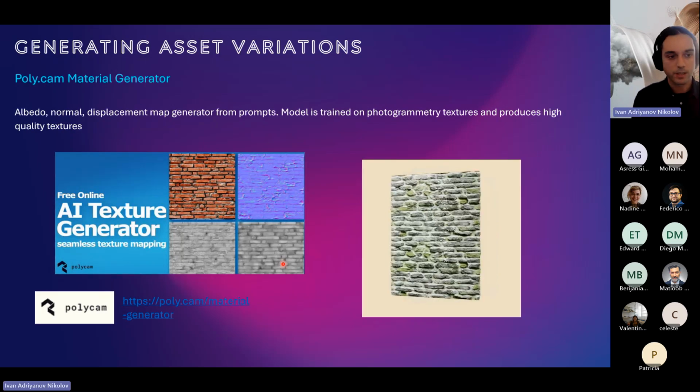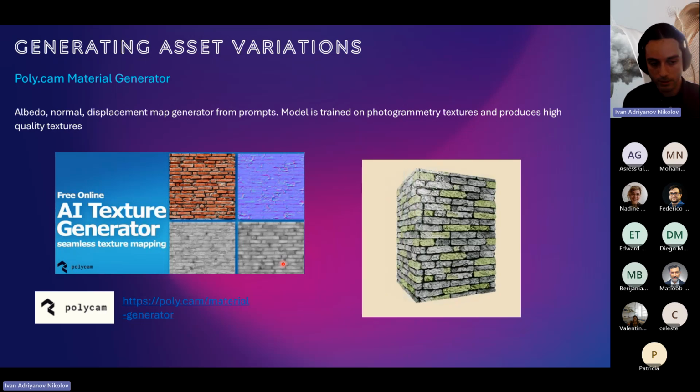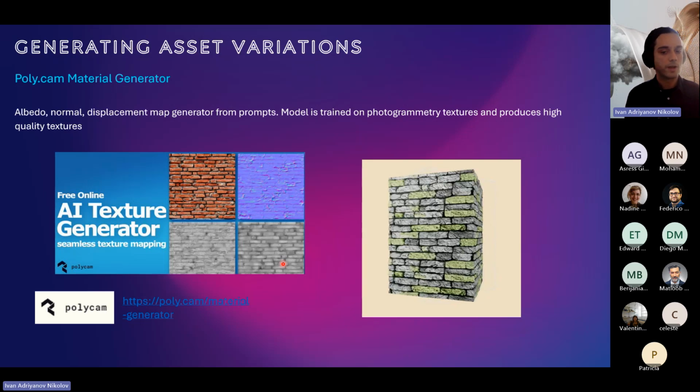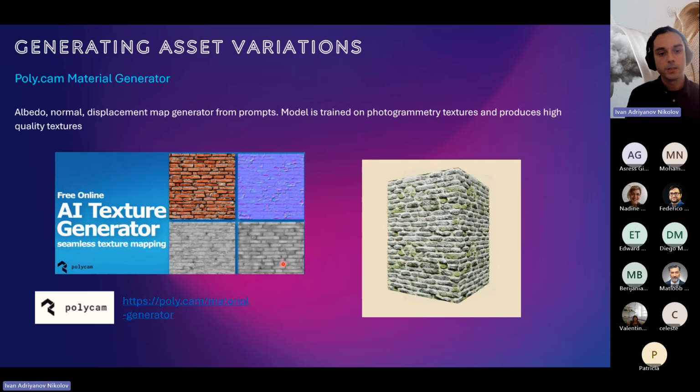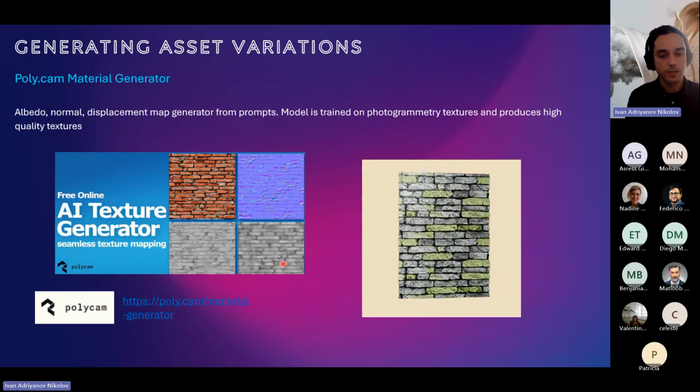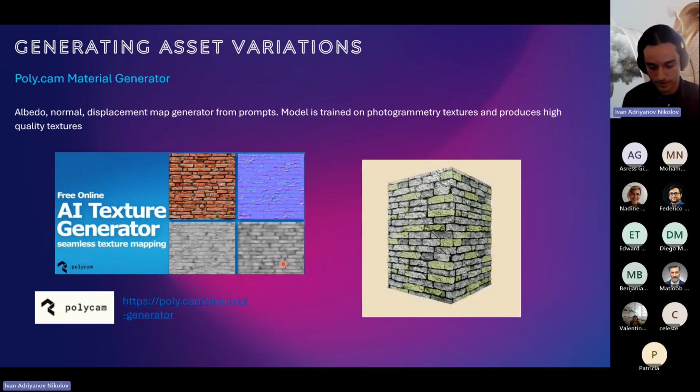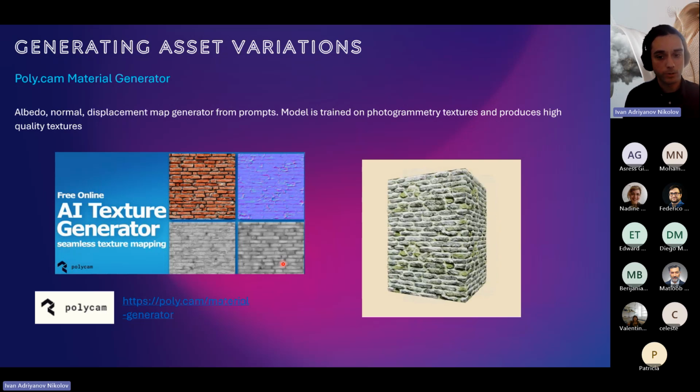And this goes hand in hand with Polycam's material generator. I use this when I want to have variations for outdoor environments, especially. This is really nice because they use a pre-trained generative model.